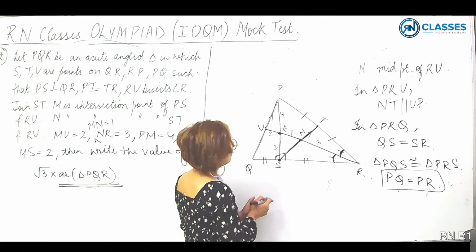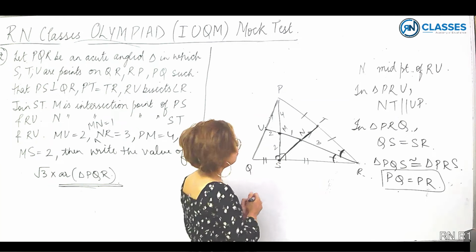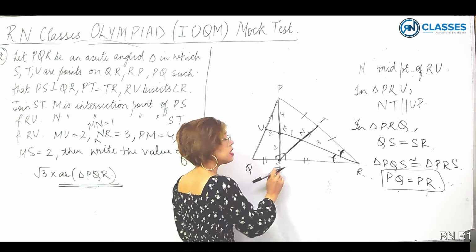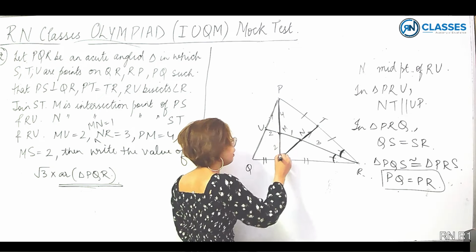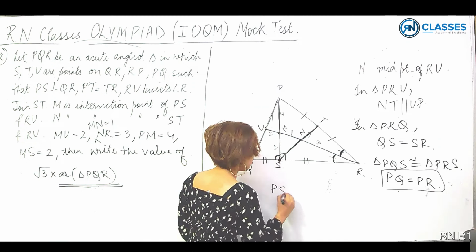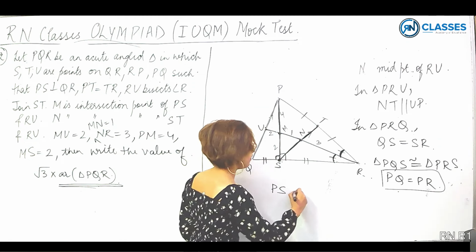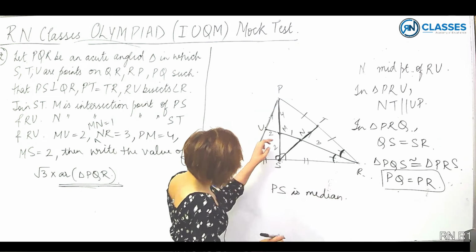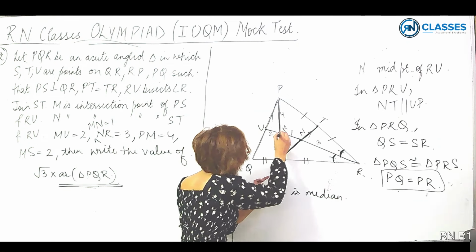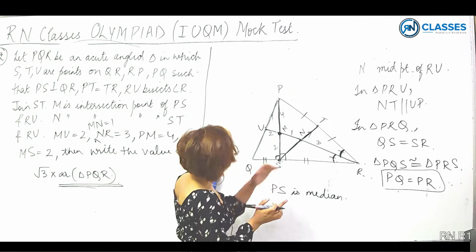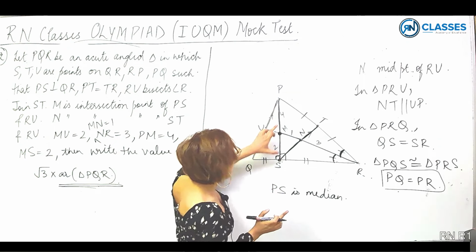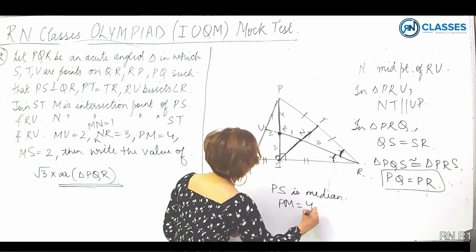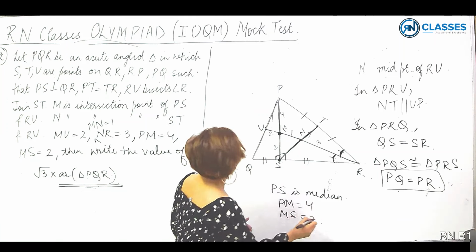And we have established that S is the midpoint over here. Now mind it, in triangle PQR, this is the midpoint and I have this thing. What can you call PS as? PS is the median. Now, there is a point on this median, M. And I know that PM is equal to 4 and MS is equal to 2.